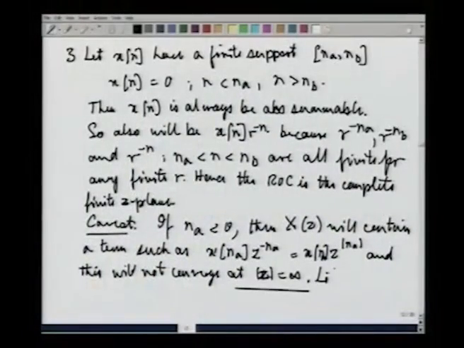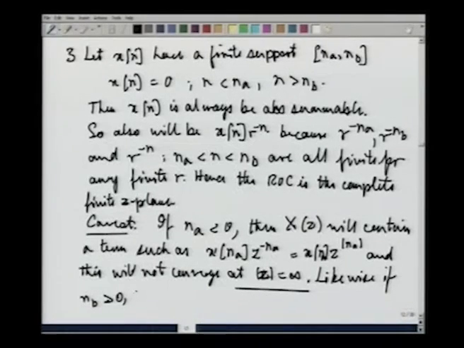Likewise, if n b is greater than 0, X(z) will contain x[n b] z to the power minus n b, where n b is greater than 0.